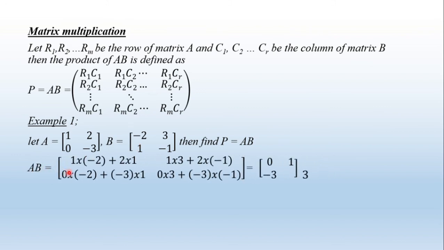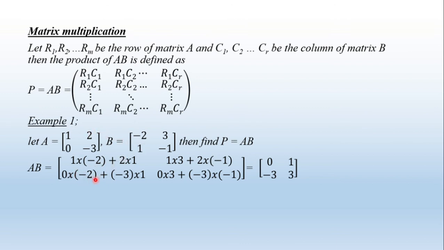AB means 1 times minus 2 plus 2 times 1. Have you seen it? This is a row of matrix A. The row of matrix A should multiply with the column of matrix B. Look, 1 times minus 2 plus 2 times 1.